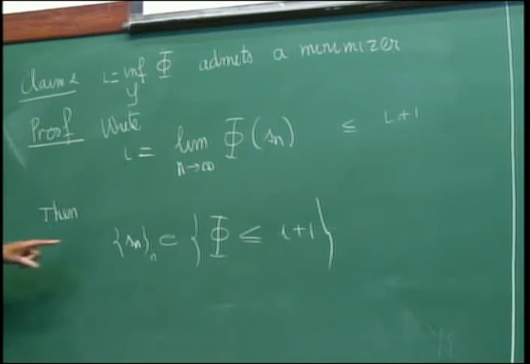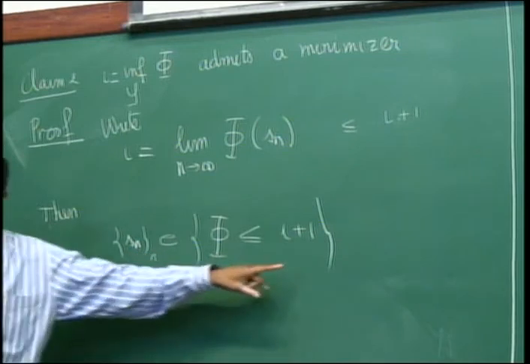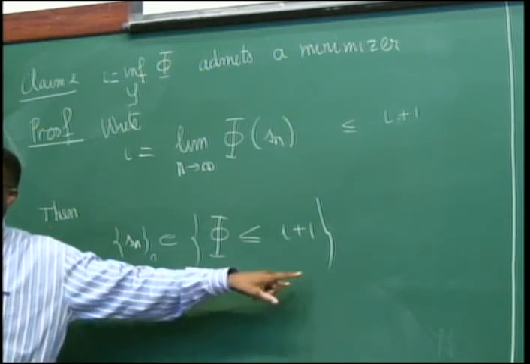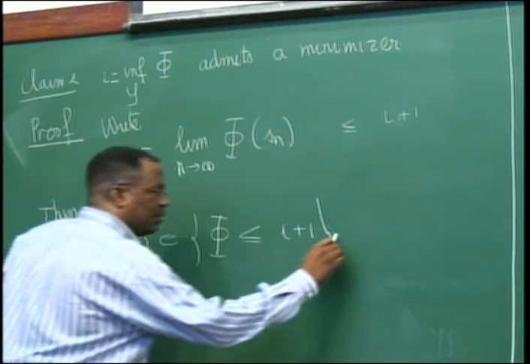This set is compact. I have a sequence in a compact set. Therefore, I can extract a subsequence which is convergent. This is compact.